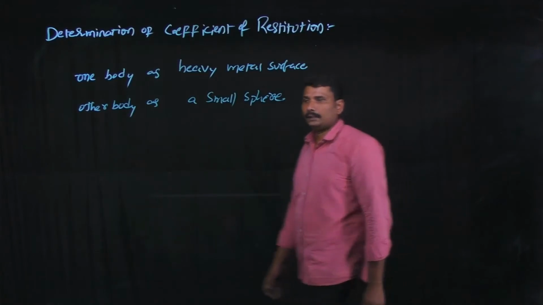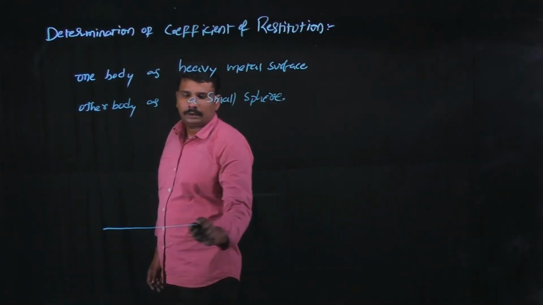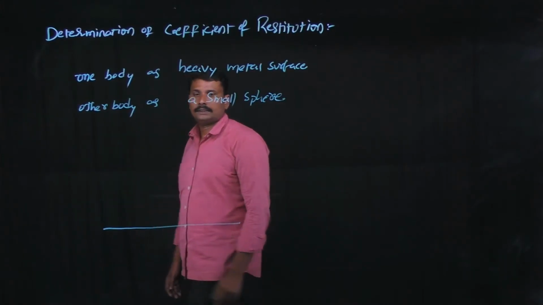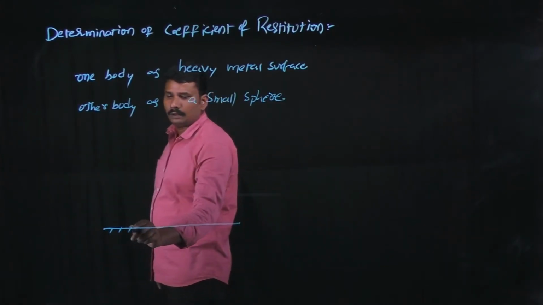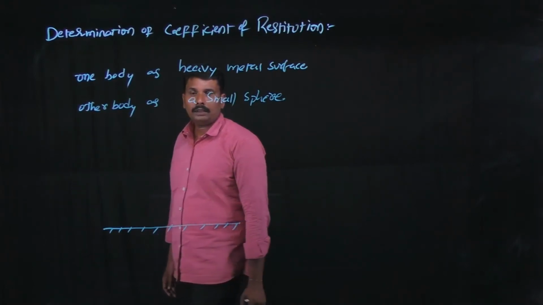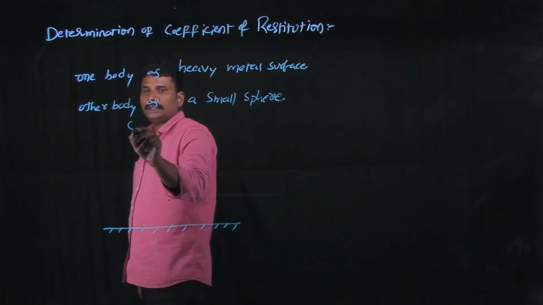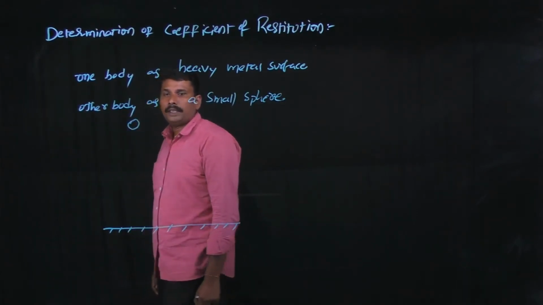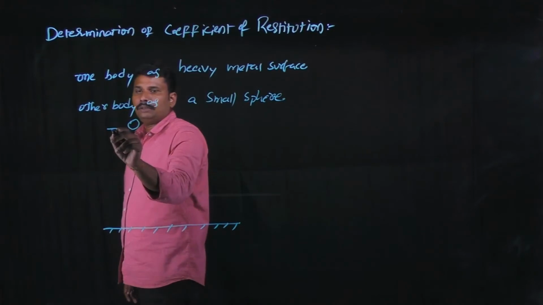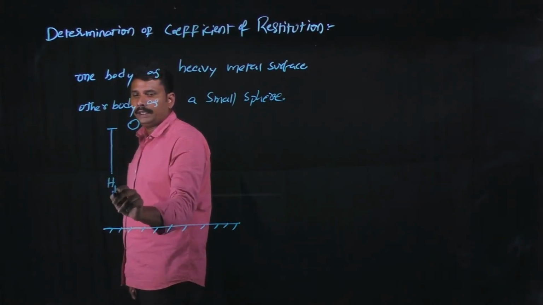Let us consider there is a heavy metal surface like this. On this heavy metal surface, a small sphere is dropped from a height h1. Now this small sphere is at a height h1.